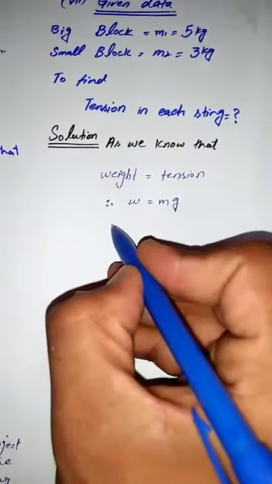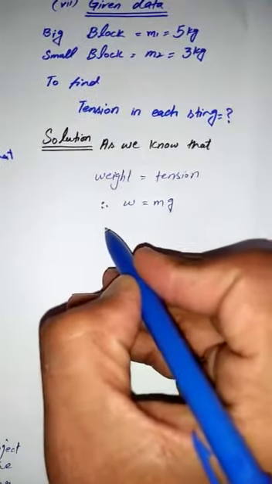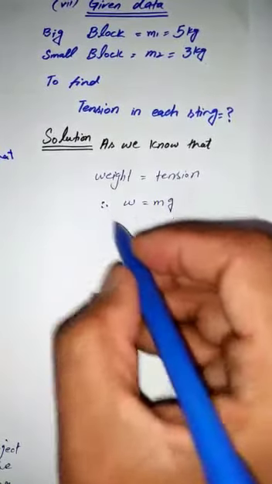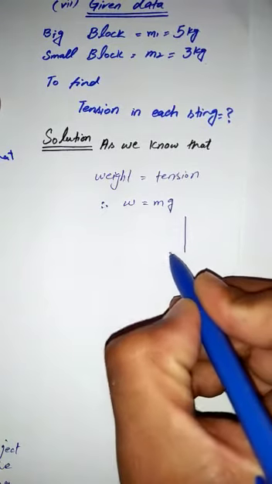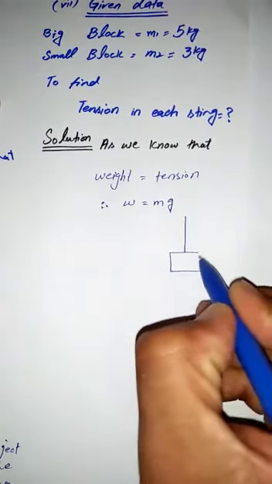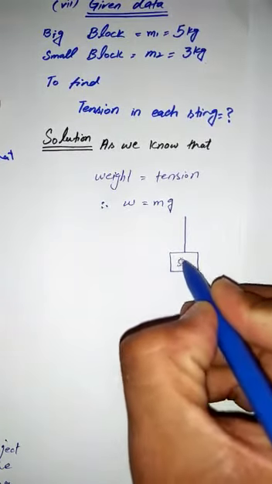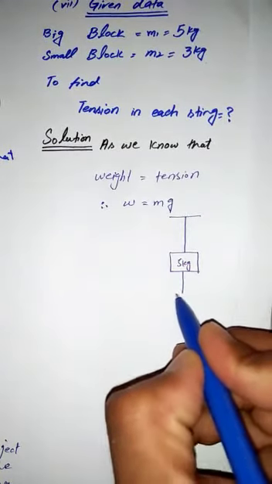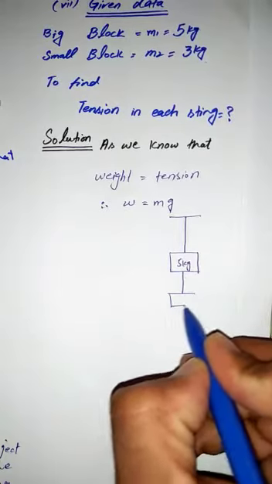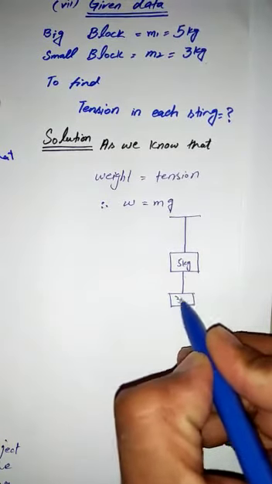If we are finding for the first object, you can take according to the diagram. Here is a box that is 5 kg, and here is another object that is 3 kg.